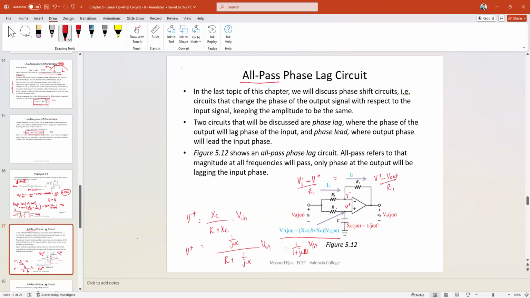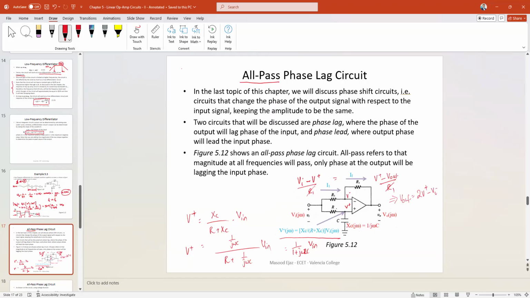Observe that in the feedback loop and in the input, the resistor that is connected to the inverting terminal has the same value, R1. So when you equate them, they're going to cancel out, and you're going to have V input minus V positive equal to V positive minus V output, which will give you V output equals 2V positive minus V input.